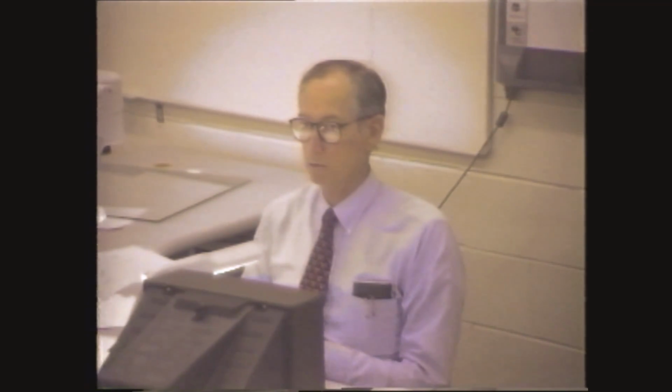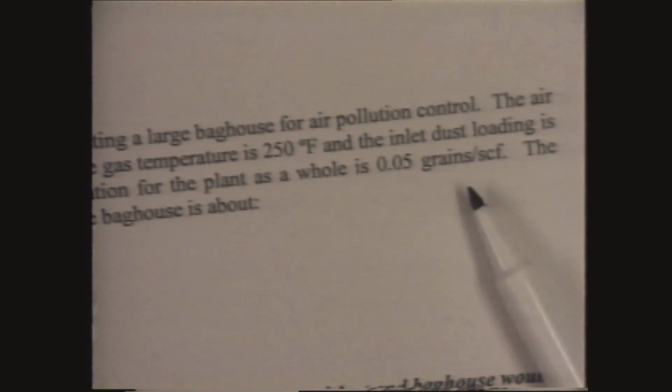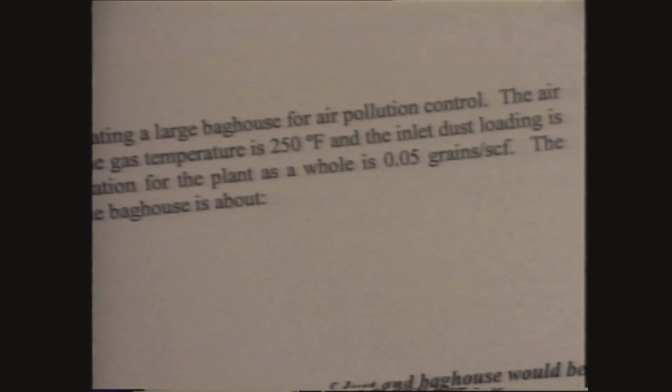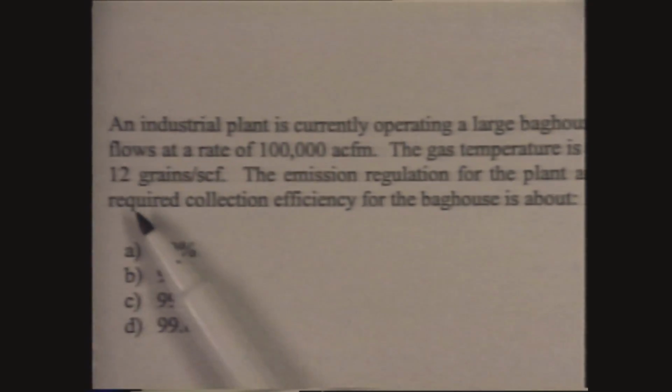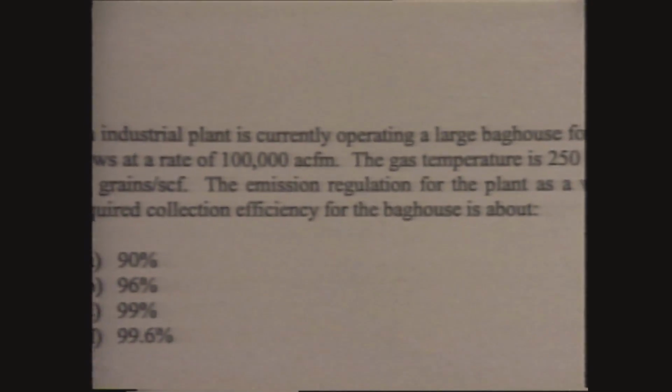And they may adjust that even for moisture content or for oxygen content if it's a combustion source. But nevertheless, here we have a situation where the actual flow rate is given, but yet the standards and the concentrations are given in standard cubic feet per minute. How does that affect our calculations? And we do want to calculate the required collection efficiency.